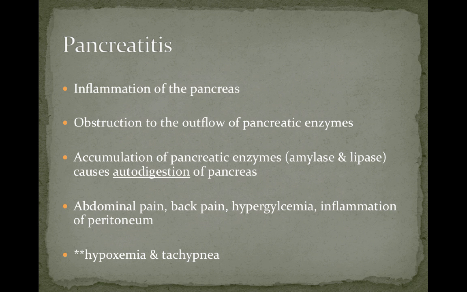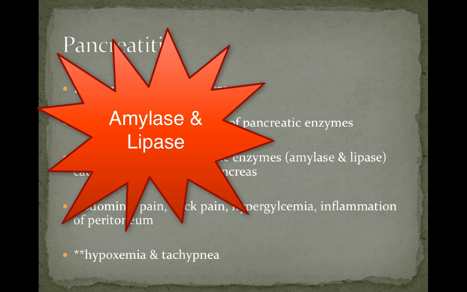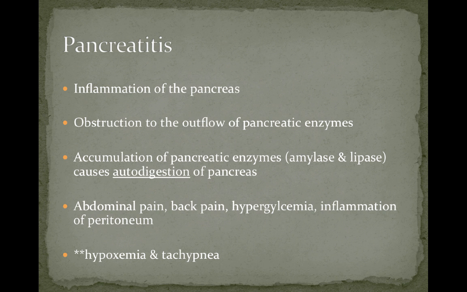Now, amylase and lipase are important because as a nurse, you are going to look at these lab values. We can measure the levels of amylase and lipase in the patient's blood, and if they're elevated, then that is a sign that they have pancreatitis, right? Because they aren't normally elevated in the bloodstream, but if they are, it is a sign that they may have pancreatitis.